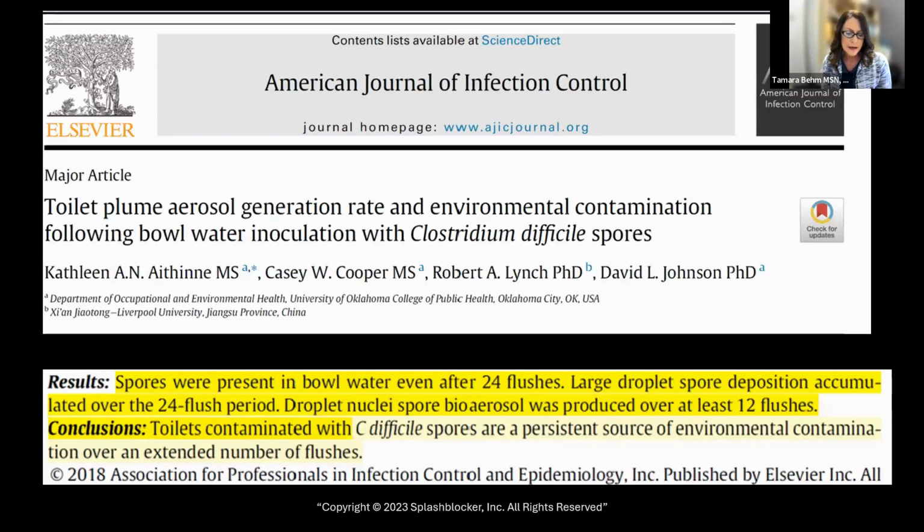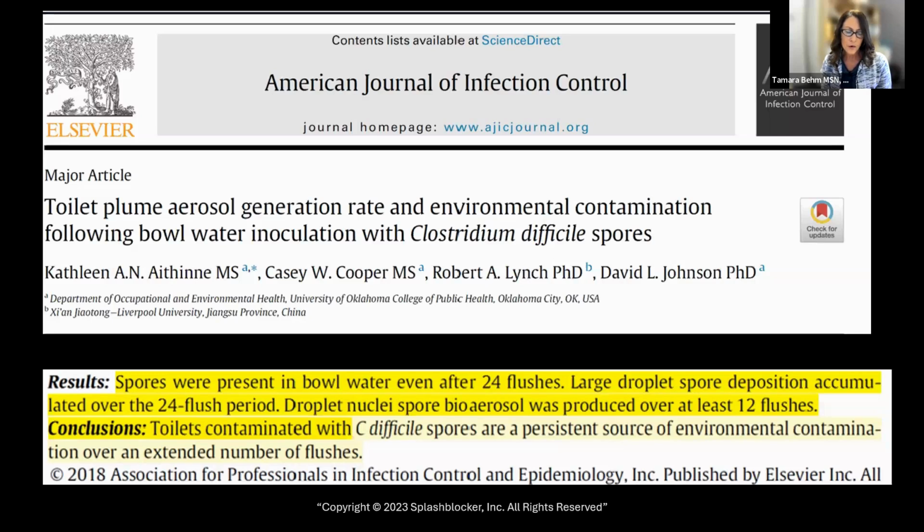So what's interesting is this article is by Athine, Cooper, Lynch, and Johnson. It was written in 2023, and it showed that C. diff spore contamination in the toilet bowl water itself, after being inoculated, generated an aerosol even after 24 flushes. That's pretty incredible, with spores still present in the bowl after the 24 flushes.